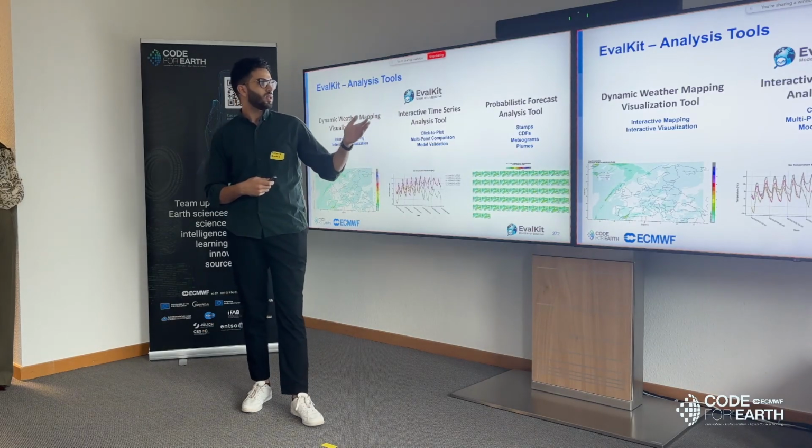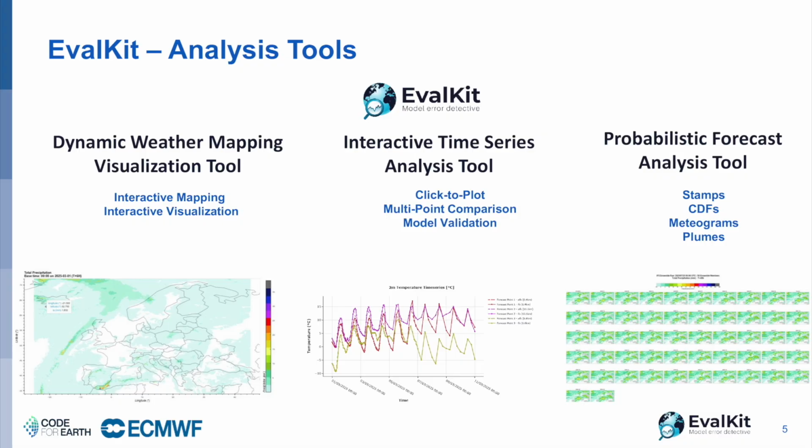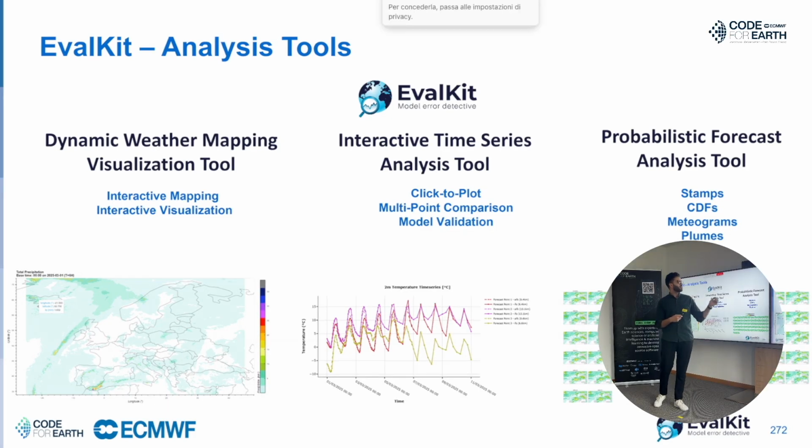It's a toolkit with three tools. The first one is the dynamic weather mapping visualization tool, which provides interactive mapping. The second one is an interactive time series analysis tool for different models. And the last one is the probabilistic forecast analysis tool, which we use to analyze the ensemble models.